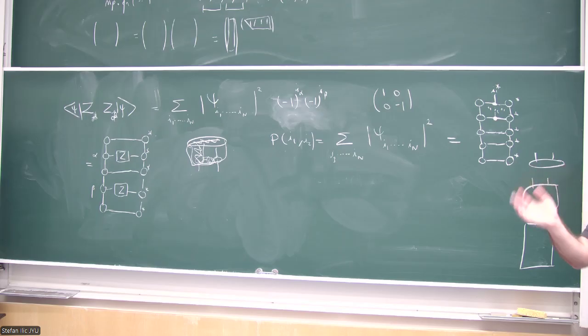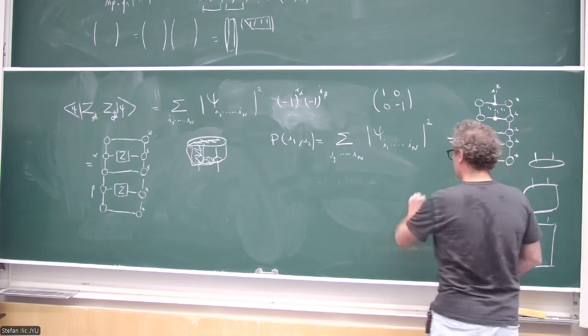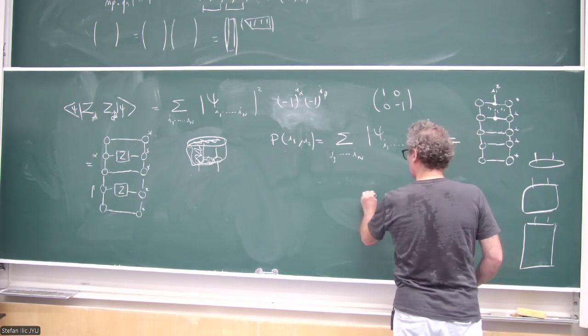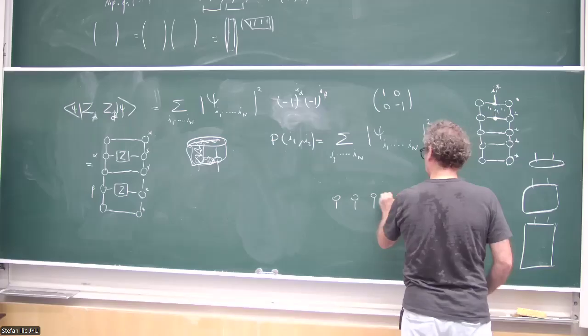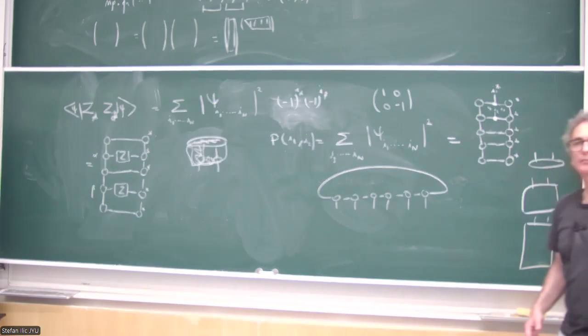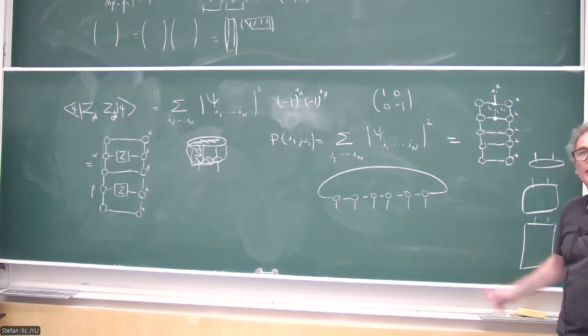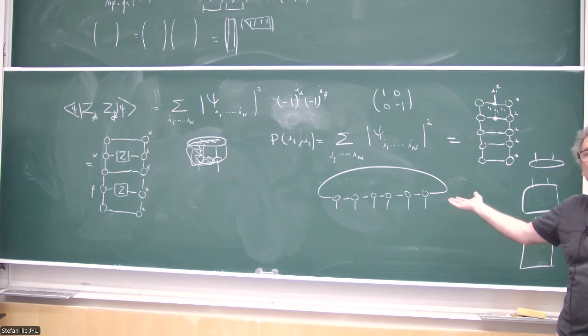If your system has periodic boundary conditions, then actually an MPS is not the best tensor network for that, because then they are all equivalent. So you may want what people call a ring MPS, which would be this tensor network. So this is a ring MPS. In practice, almost nobody uses them.